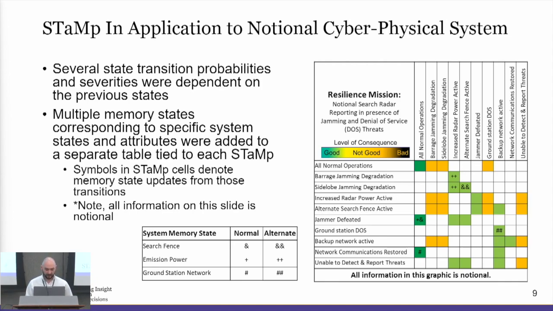For the memory states, there are situations where as soon as you take that mitigating action, or as soon as you've been affected there, suddenly you're operating in a different mode, and that changes your transition likelihoods the next time you come through the loop.